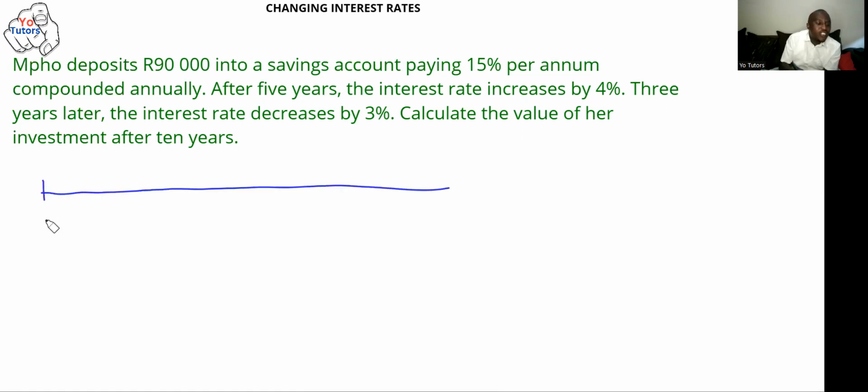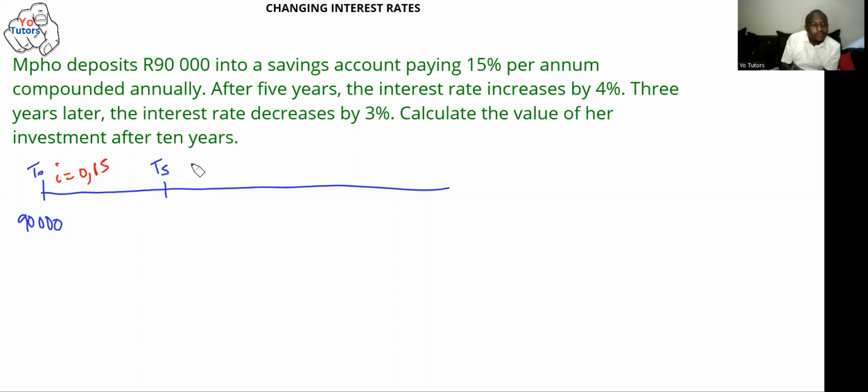Our timeline shows us that at T0, what do we have? 90,000 deposited. And now after 5 years, so here it's just going to be the first 5 years. So at T5, what is our i? Our i at T5 is going to be 0.15.